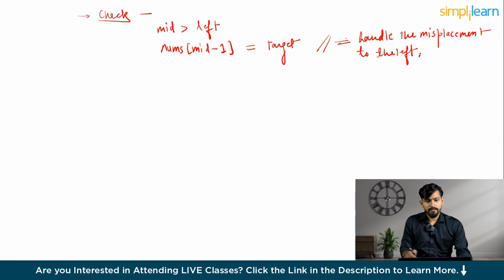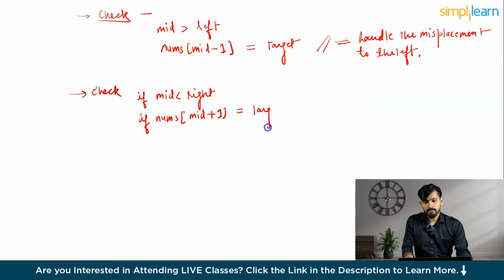Now we are going to check again that if mid is less than right, so we are going to say if nums of mid plus 1 is our given target, we are going to handle its misplacement to the right.